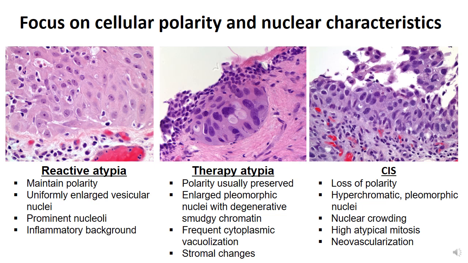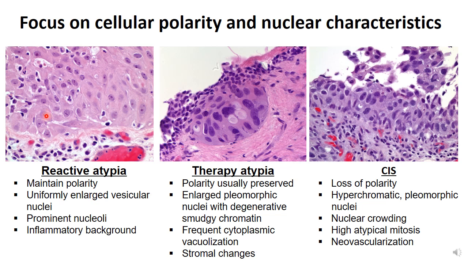So here are these mimics and CIS side-by-side comparison. In the reactive atypia, typically the polarity or architecture is in general maintained. You can see that these cells in general have uniform polarity. Nuclei are enlarged, but they are typically more uniformly enlarged. They have a vesicular chromatin with a single prominent juicy nucleoli.